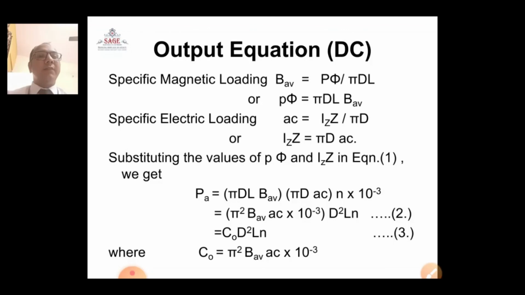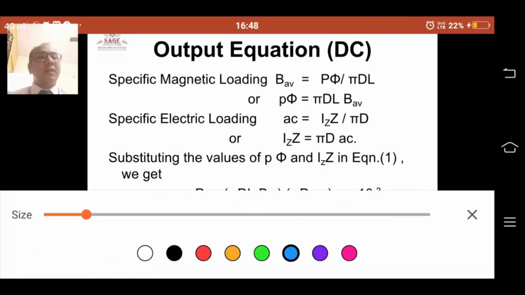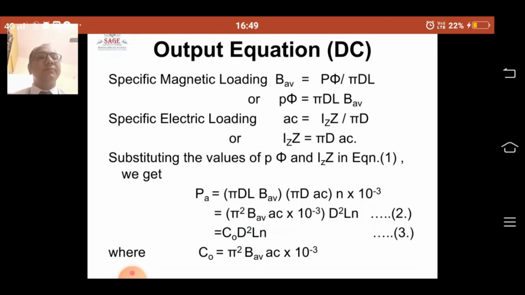When we substitute these two quantities in the main power equation, and properly arrange it, we can separate out D square L. So I have separated out this D square L, and the remaining quantities are constants like specific magnetic loading, specific electric loading, pi square, 10 raised to minus 3, and in the end, speed in RPS.